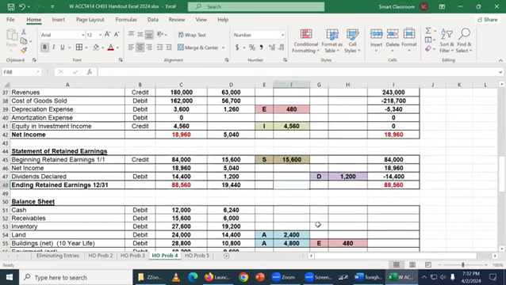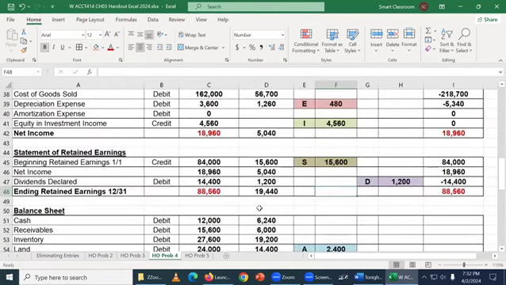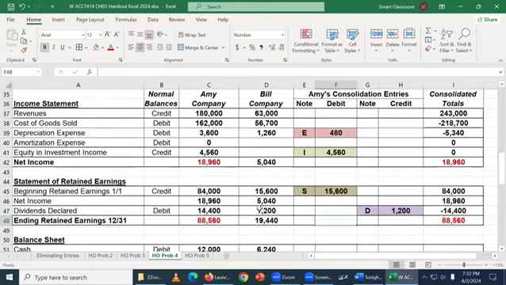And they are. And again, this $1,200 of dividends never left the business. Amy Company owns Bill Company. That was paid to Amy Company. The only dividends that were actually paid out to people outside the company were 14,400.